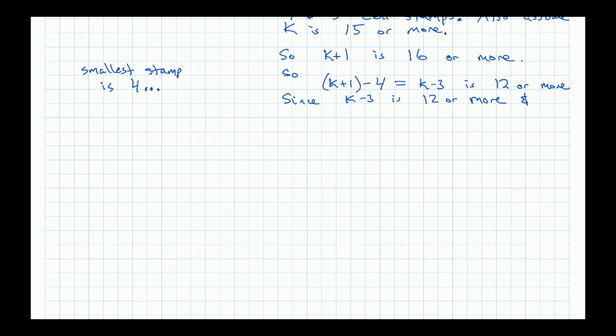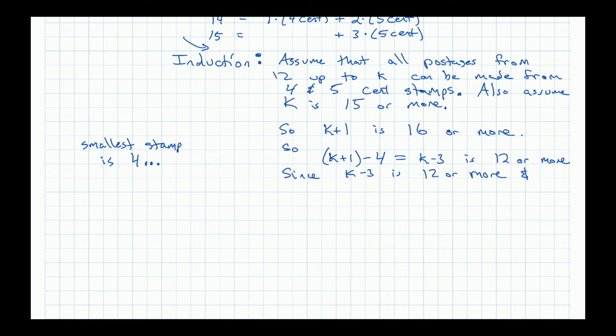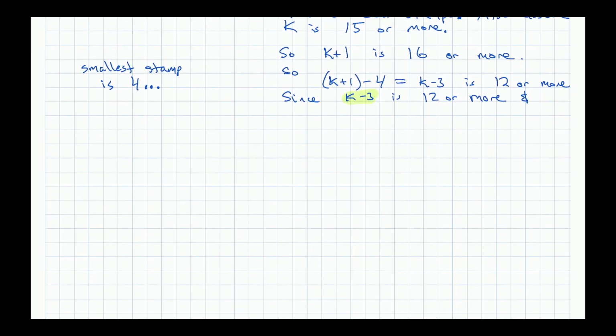All right. So k plus 1 is 16 or more. k plus 1 minus 4, which is k minus 3, is 12 or more. Since k minus 3 is 12 or more, and obviously it is also less than k, right? So this k minus 3 is in this region from 12 up to k. It's less than k because it's k minus 3, and it's bigger than 12 because we set it up that way. So k minus 3 is 12 or more, and less than k.